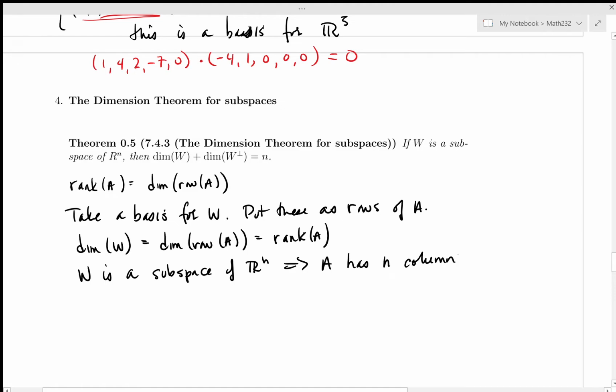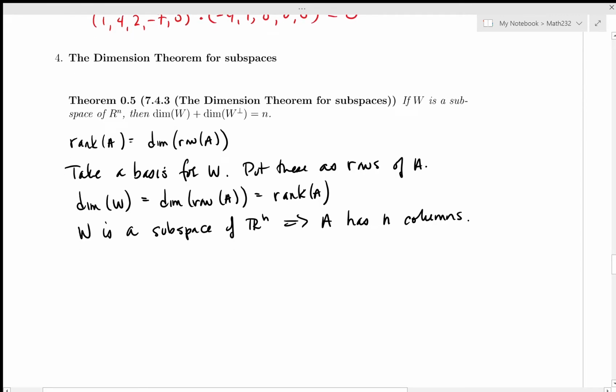The vectors have n components. So the null space of A is the orthogonal complement of W. So then we end up here.